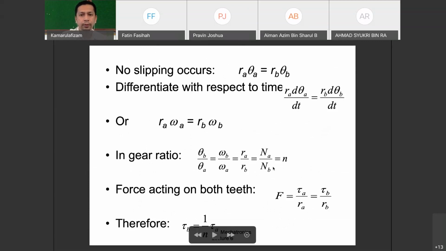Alright. So if you look at the gear ratio, you can take many things to make up the gear ratio. You can take the angular velocity, the angular displacement. You can take the radius of the disc itself, the gear disc itself. Of course, you can take the number of teeth, number of tooth. Alright, this is the force acting. So from there, I think you can calculate the amount of force acting.